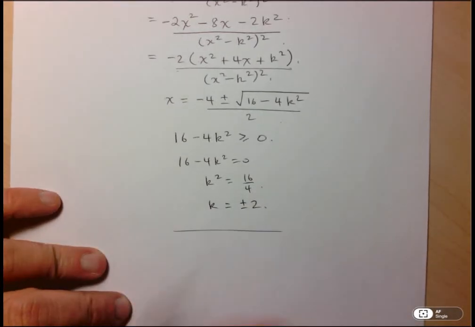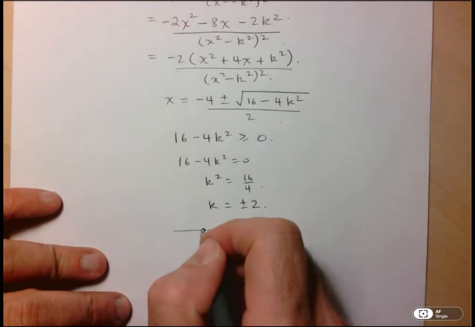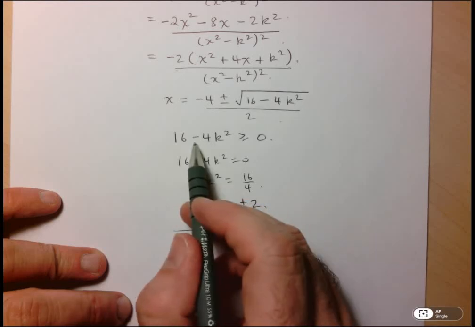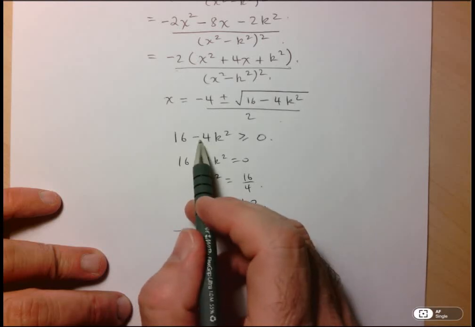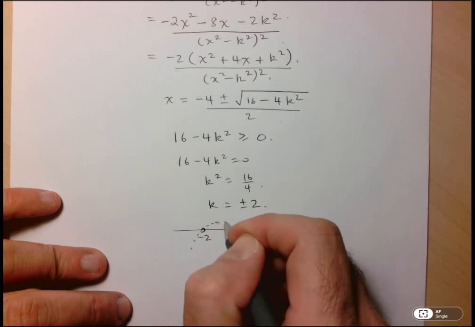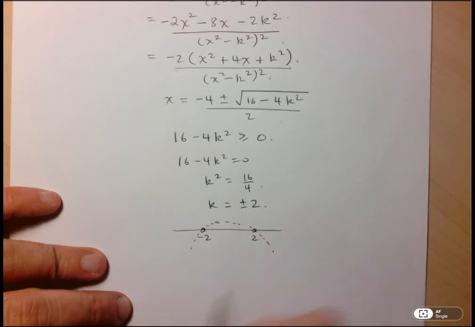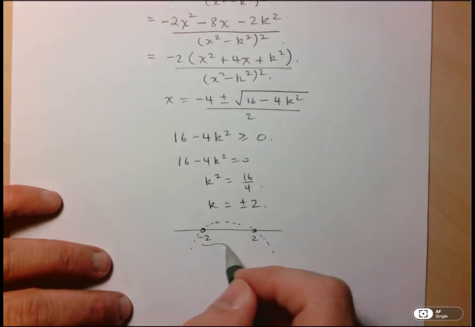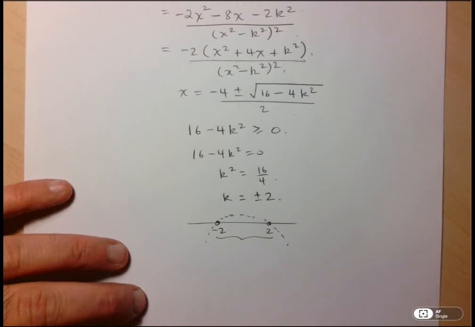If I sketch the graph, I've got negative 2 and 2, and this is a quadratic with a negative leading coefficient, so it will look something like this. Where is this expression greater than or equal to 0? Between negative 2 and 2.